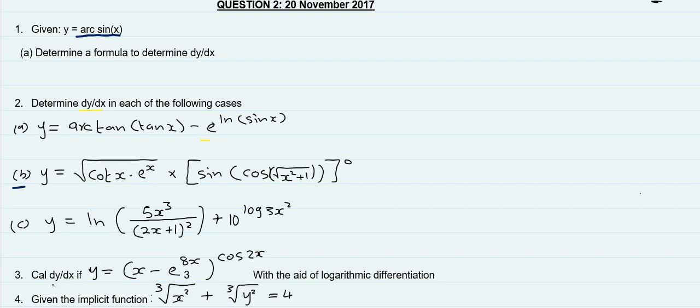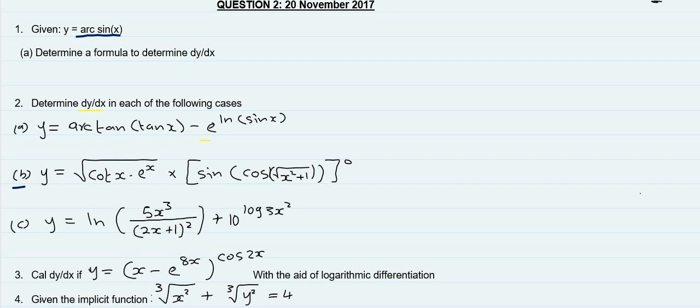You have a plus 10 to the exponent log of 3x squared. Then number 3: calculate dy over dx if y equals (x minus e to the exponent 8x) all to the exponent cos of 2x, with the aid of logarithmic differentiation.